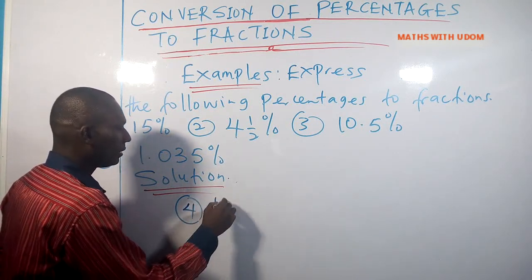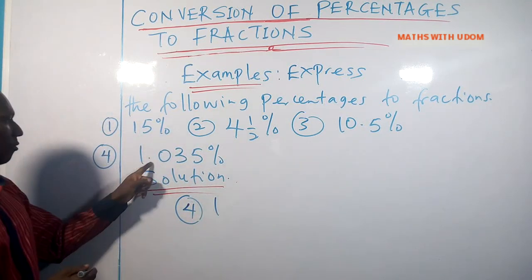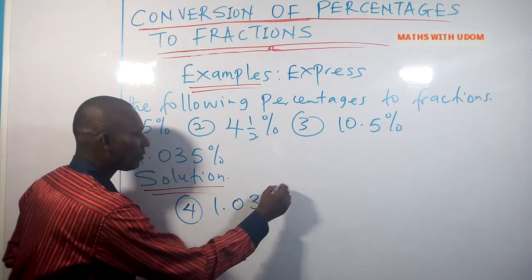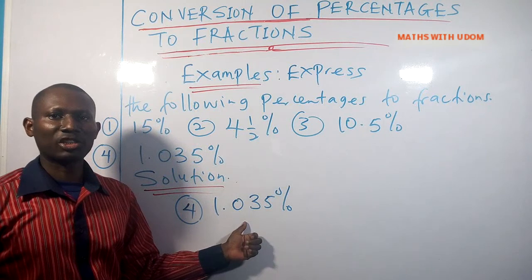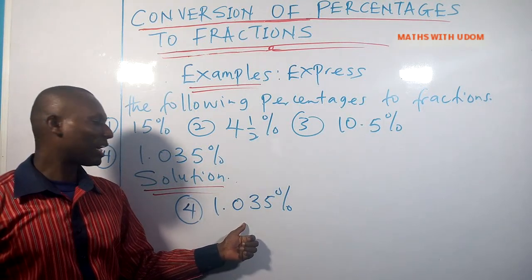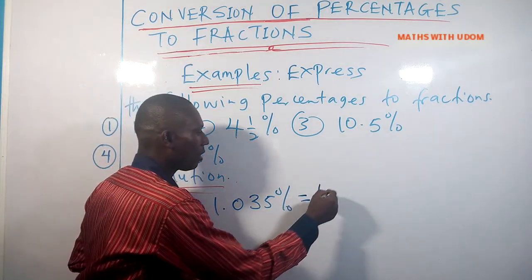We have 1.035%. Let's change this decimal fraction into what? Into an improper fraction.